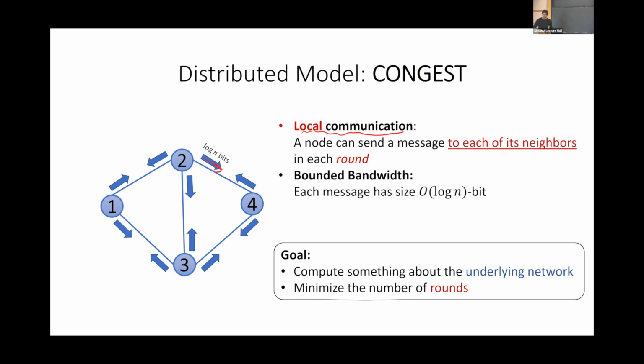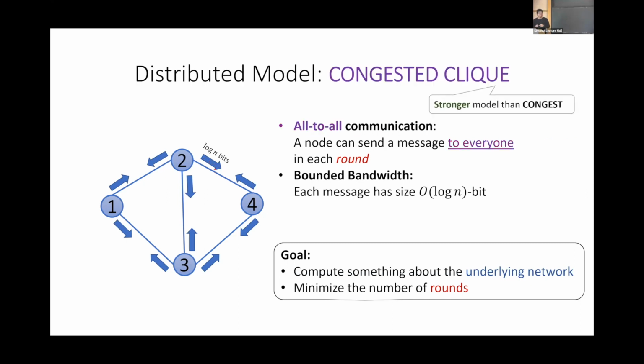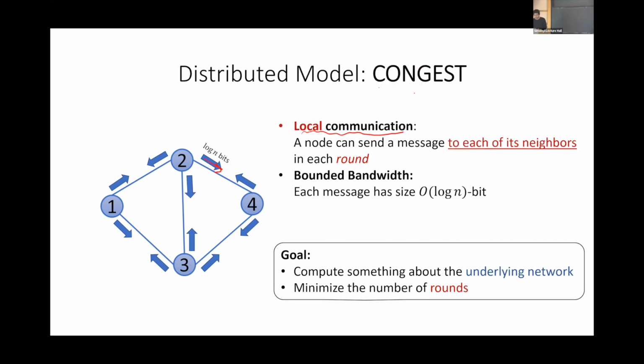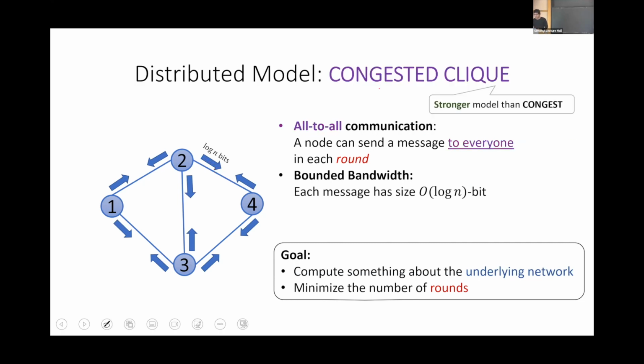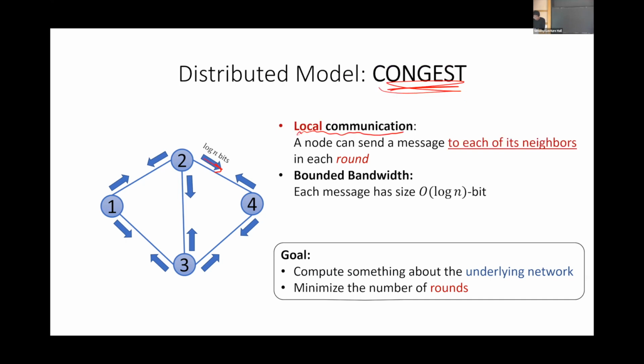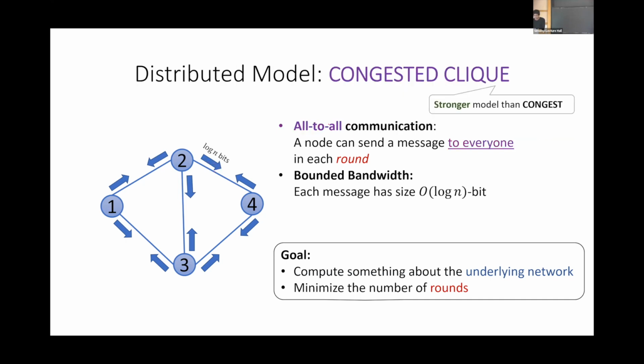Now, let me introduce a closely related model called congested clique. This model is called congest. There is another one called congested clique, which is a strictly stronger model. How? The difference is that instead of having only local communication, in congested clique you now allow all-to-all communication.